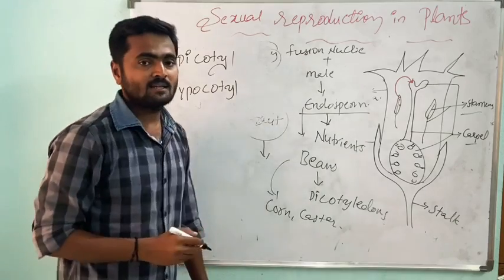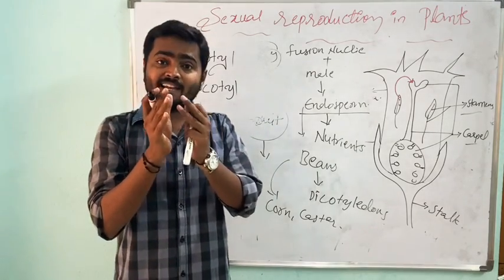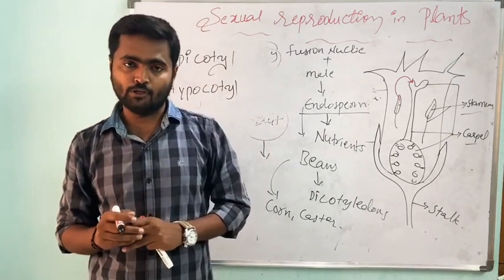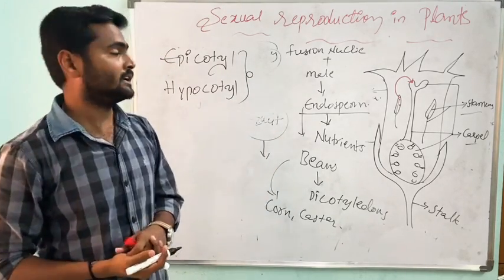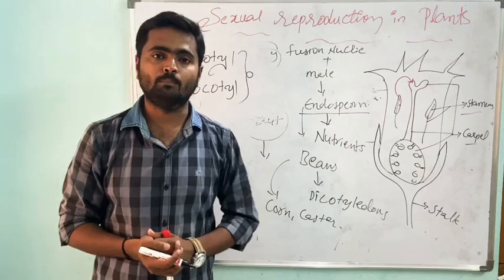These two parts are attached to the rod-like structure of the embryo, and the endosperm helps in the development of this epicotyl and hypocotyl.